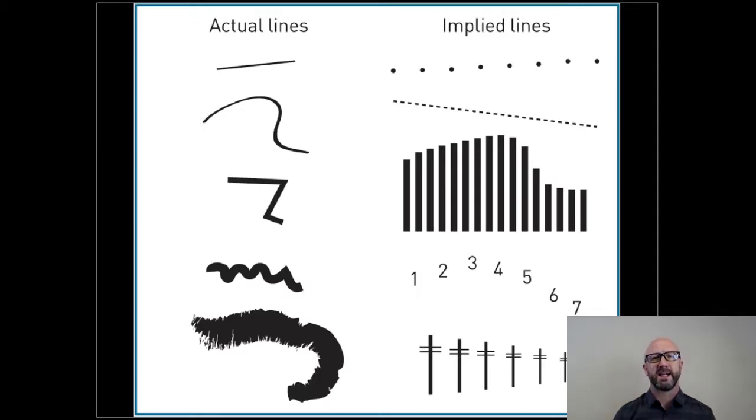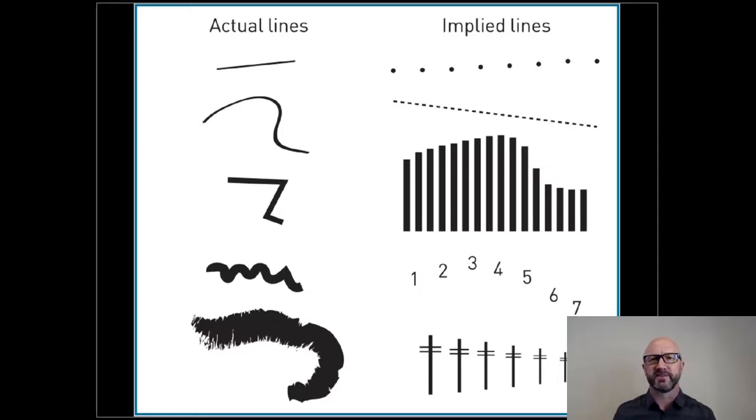So if you look at, in particular, these actual lines, a very standard straight line versus a curvy line versus a jagged line versus a larger curvy line versus a line that's made up of all these little cutting movements of a pencil, those all feel a little bit different. They all have a different impact on us. They're going to affect us in different ways.